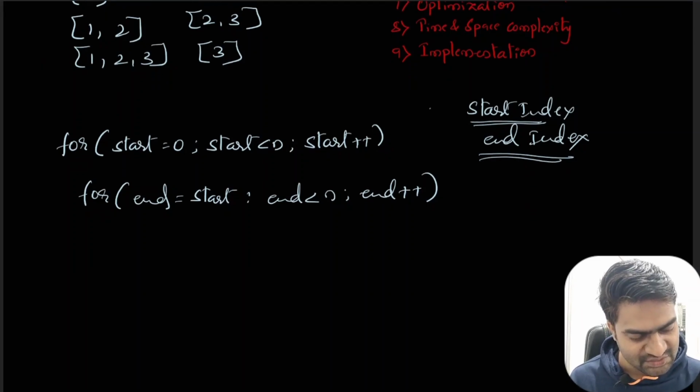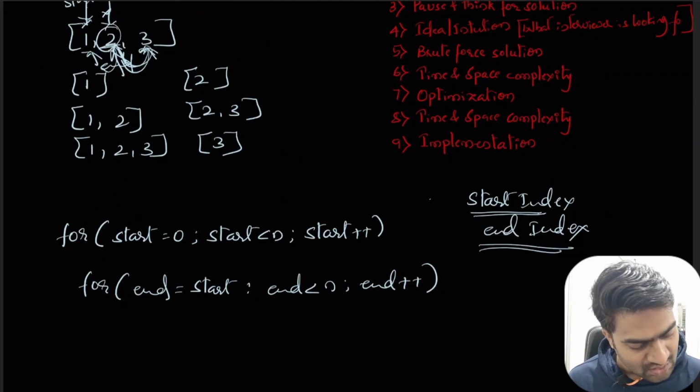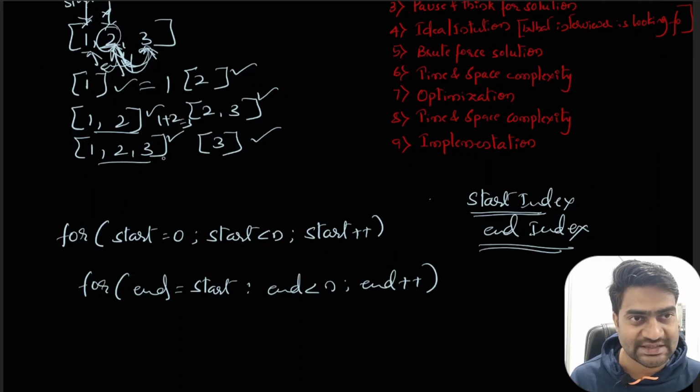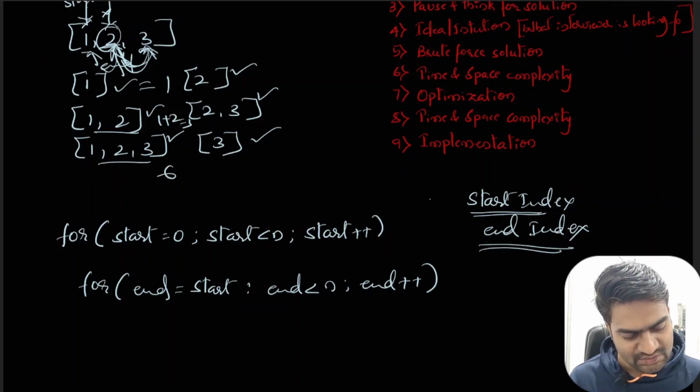So from these two loops, we generated all possible subarrays, correct, right? Now what I will do, I will try to find the sum. So for the first one, it is only a single number, so the sum will be 1. For the next number, I will say 1 plus 2, then that is equal to 3. For the next number, 1 plus 2 plus 3, so that is equal to 6, something like this.